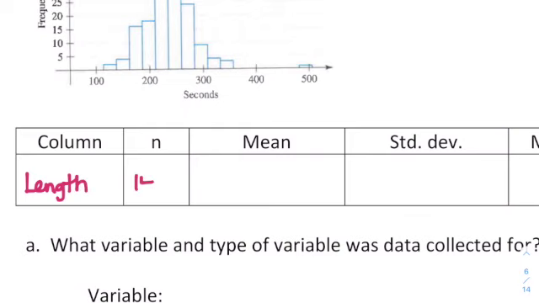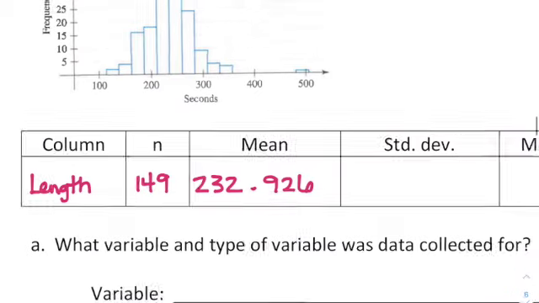There are 149 songs. The mean of all the songs together is going to be 232.926.